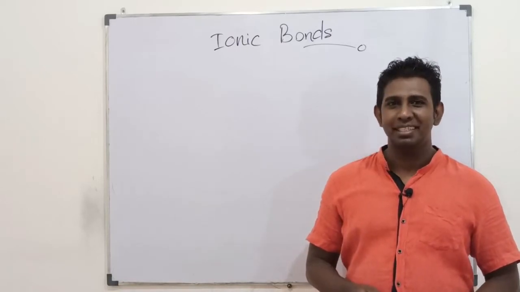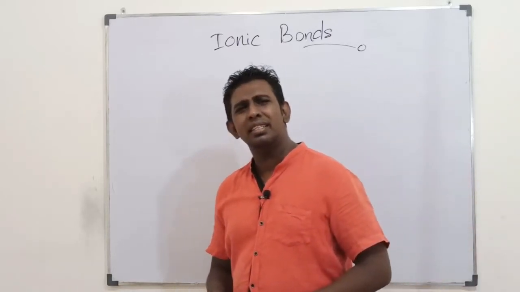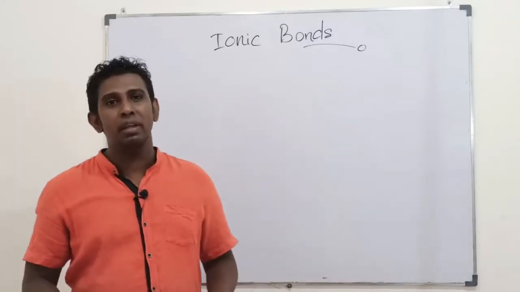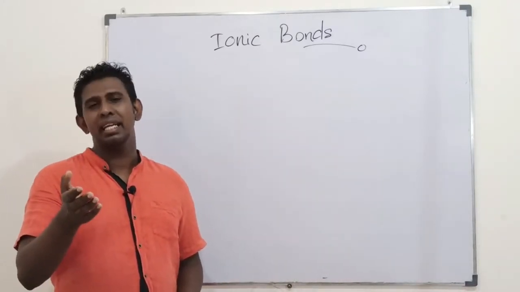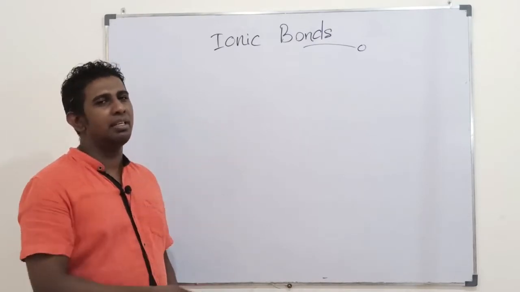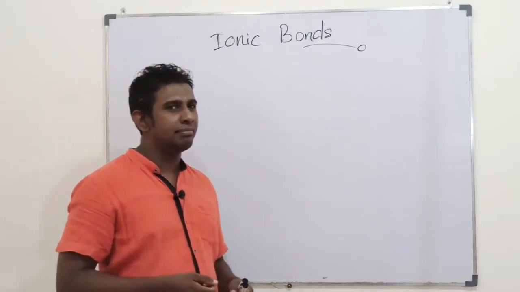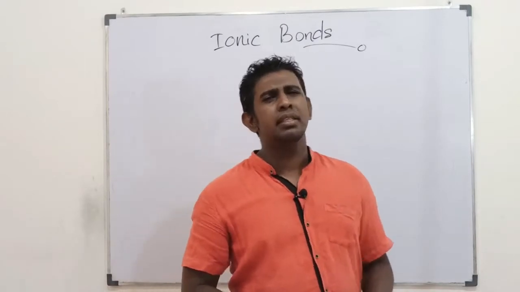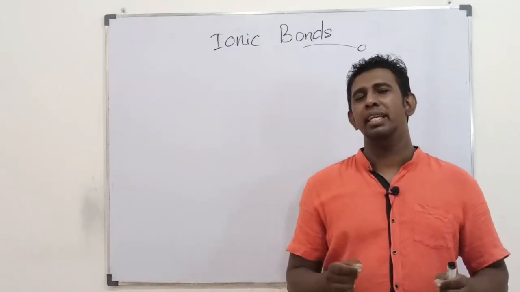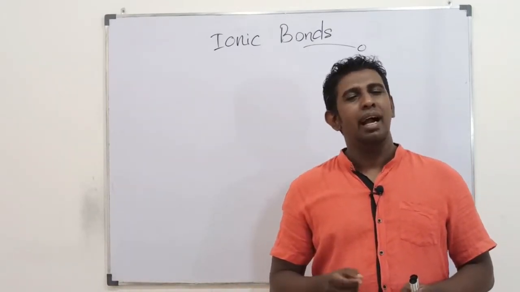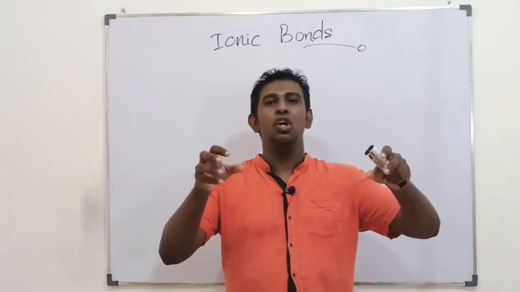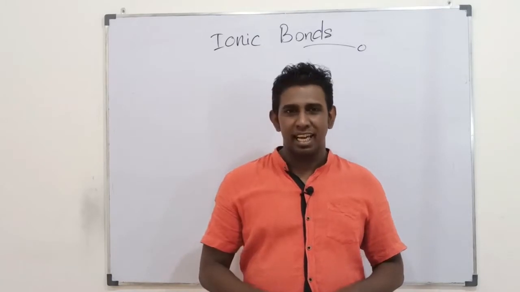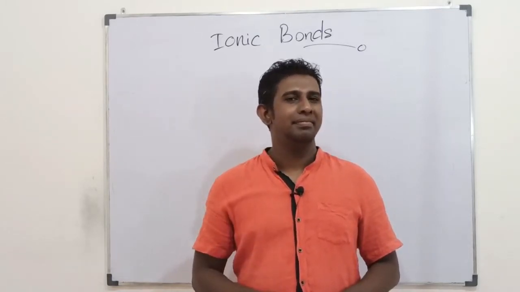What is ionic bonding? Students, you have learned it even in your O level. I guess you have got your idea of ionic bonding from your O level. There, you might have learned that ionic bonds evolve between two oppositely charged ions.